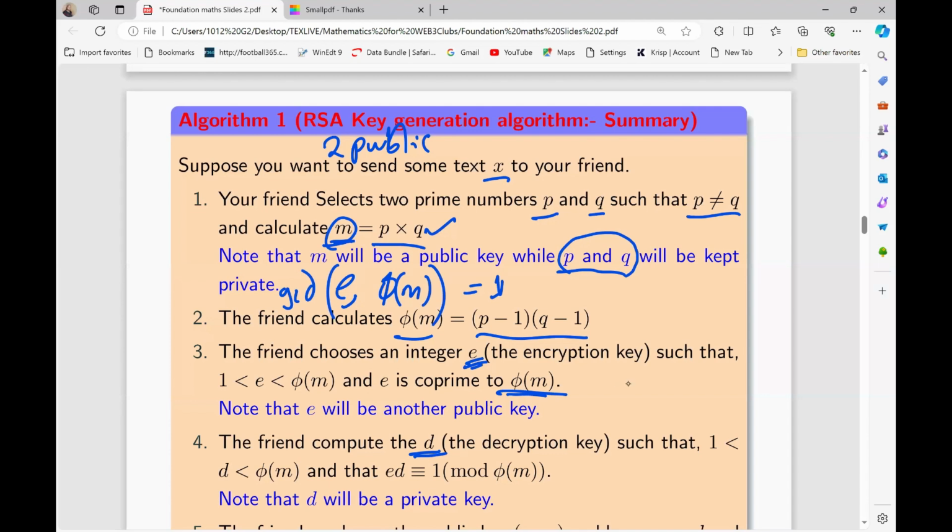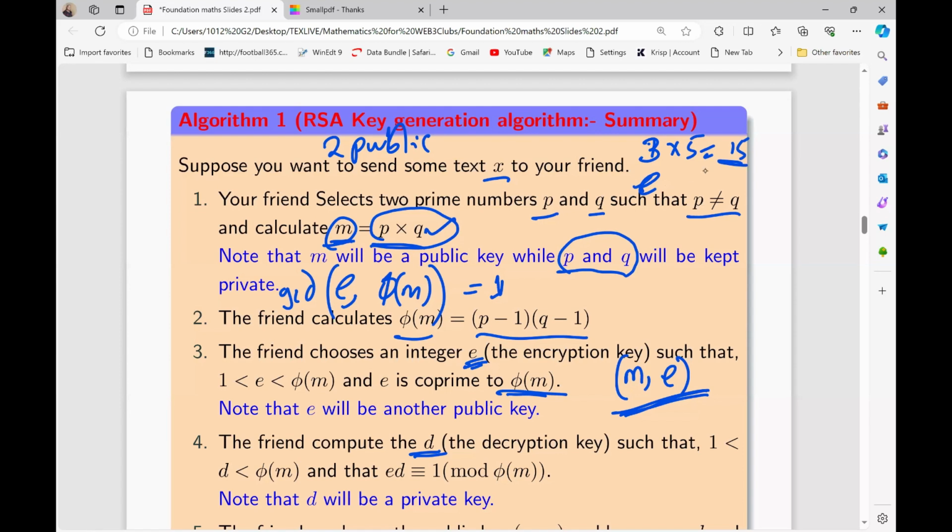So the friend has to make public this key and this. So this is the public key: M and E. M was obtained by multiplying the two prime numbers, and E was just chosen. For instance, if my product is 15, I have to choose a number E which is relatively prime to 15.